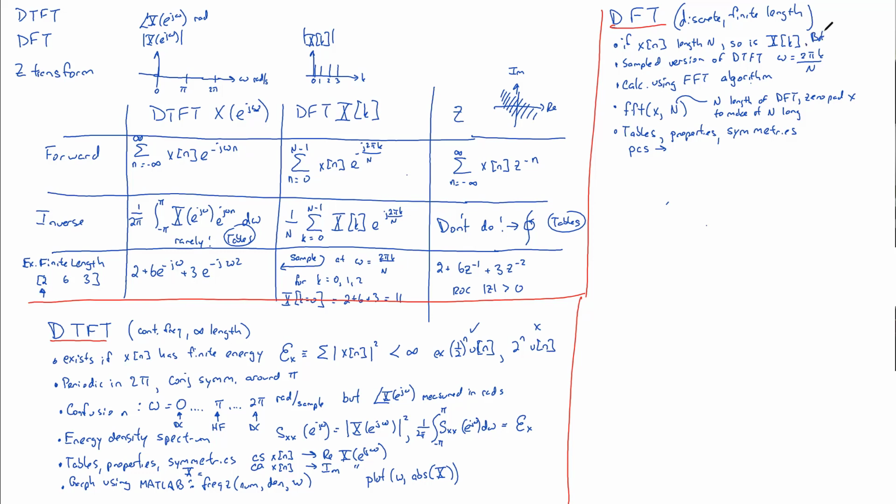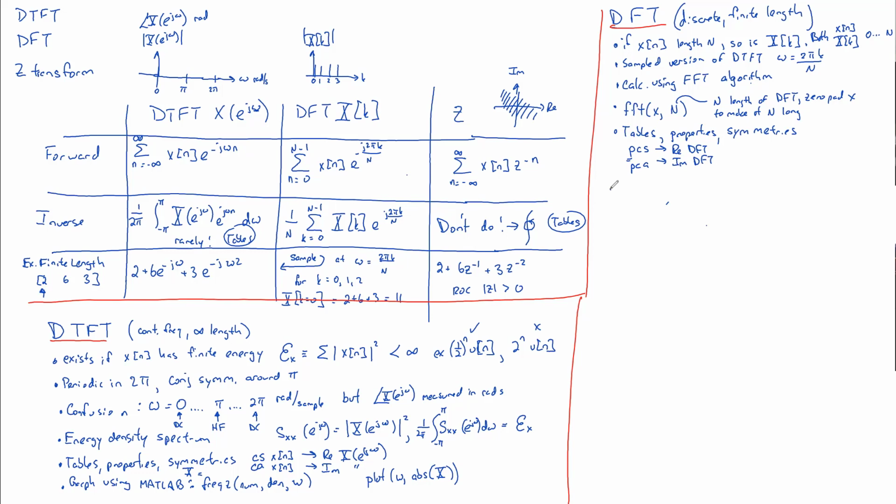So both x of n and capital X of k go from 0 to capital N minus 1. So you can't have anything that's truly symmetric, that's even, if it doesn't have a negative index. So you've got to use this periodic conjugate symmetric, which goes to a real DFT, or periodic conjugate antisymmetric, which will go to a purely imaginary DFT.